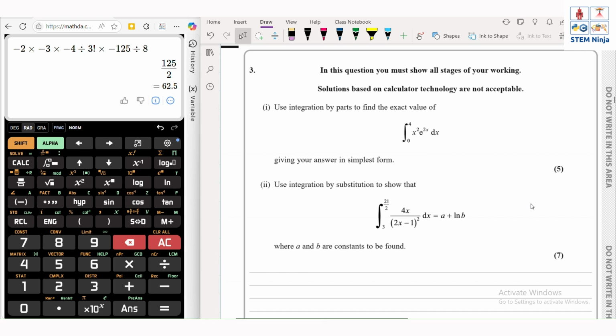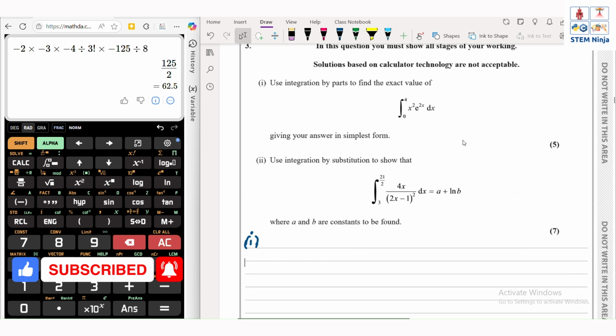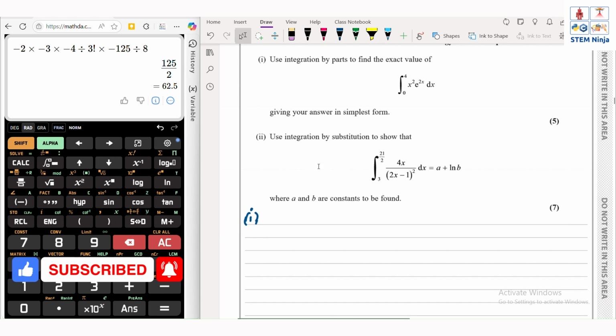Use integration by parts to find the exact value of this, giving your answer in the simplest form. So I will show you 2 ways to do this, both the table method, also called the DI method, and the way that we have been doing in the classes.